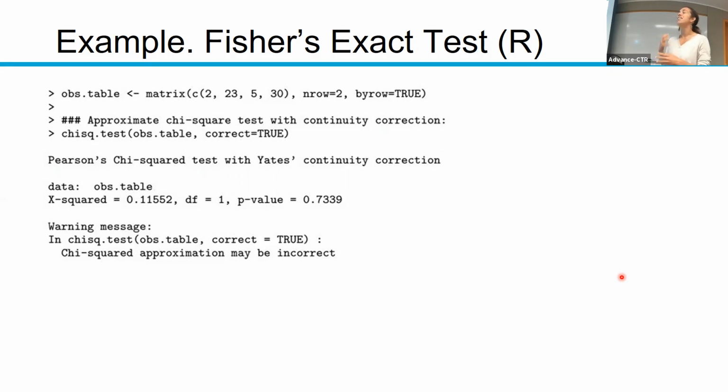But in a lot of cases, it can lead to incorrect inference and just incorrect analyses. So definitely make sure that you look into why you might be getting certain warning messages. In this case, it's because the approximation doesn't hold.